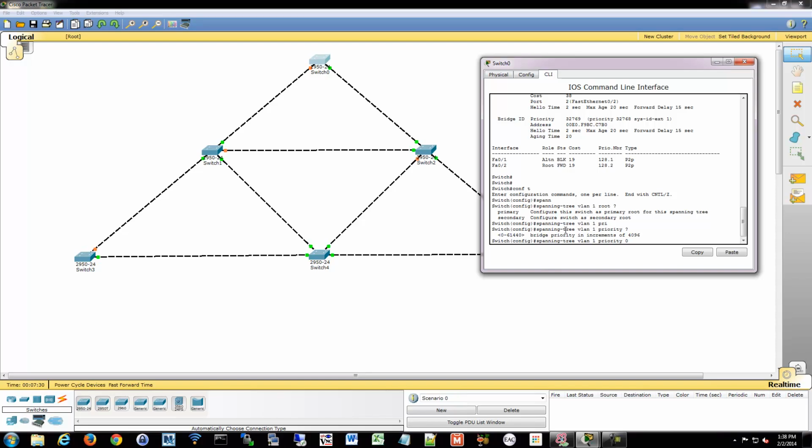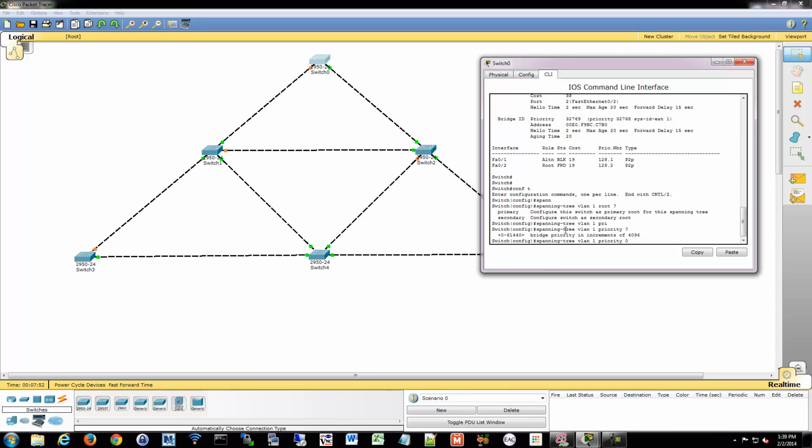There is a problem with this though. If we force this switch to be priority 0, and then we insert another switch onto the network which had a previous configuration from some other place, and it happened to have a priority of 0 configured as well.